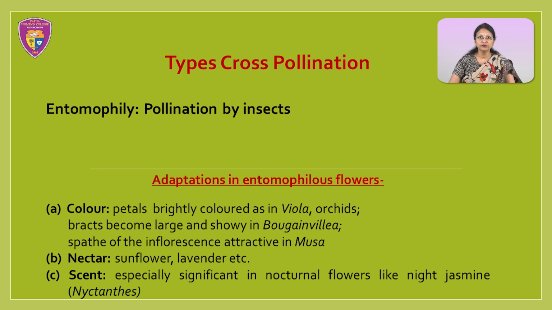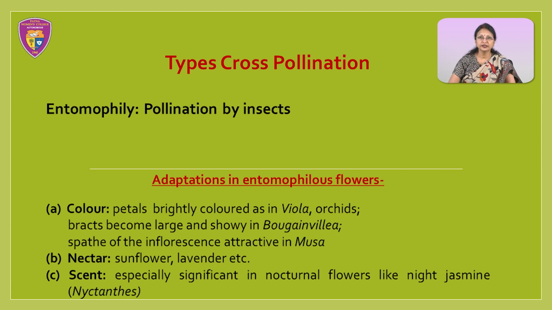Flowers in which pollination takes place by insects are called entomophilous flowers. Adaptations in entomophilous flowers: they are colorful, showy, and scented to attract the insects. Usually the petals are brightly colored, as in viola, orchids, rose, etc. But sometimes other floral parts become colored and attractive, like bracts in bougainvillea and spathe of the inflorescence in musa.